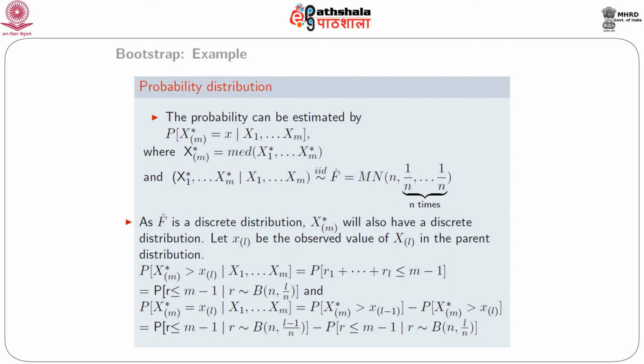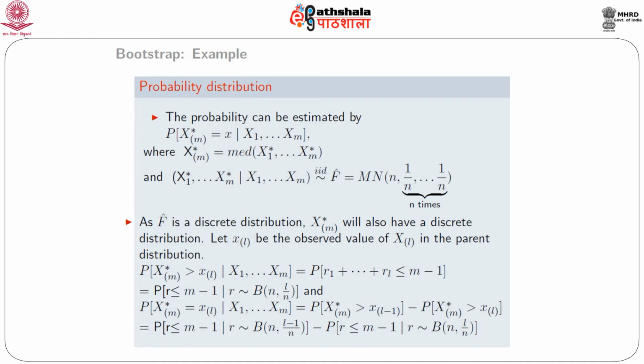Now, the probability of xm star greater than xl, where xl is ordered and small xl is the observed value of xl in the parent sample, conditional on x1 to xn, is nothing but the probability of R1 plus R2 plus ... plus Rl less than or equal to m minus 1, which is equal to the probability of R less than or equal to m minus 1, where R follows Binomial(n, l by n).